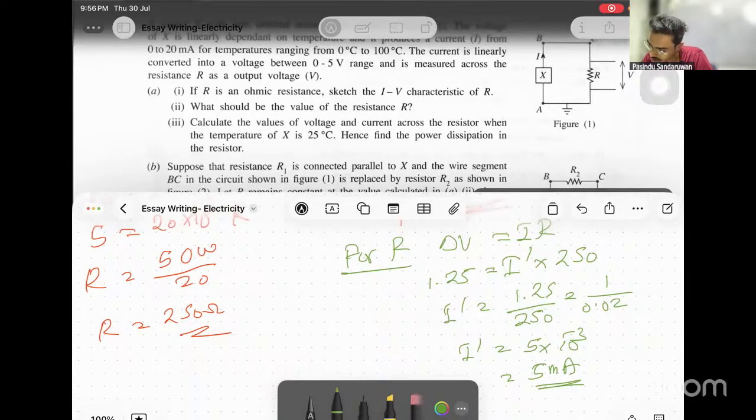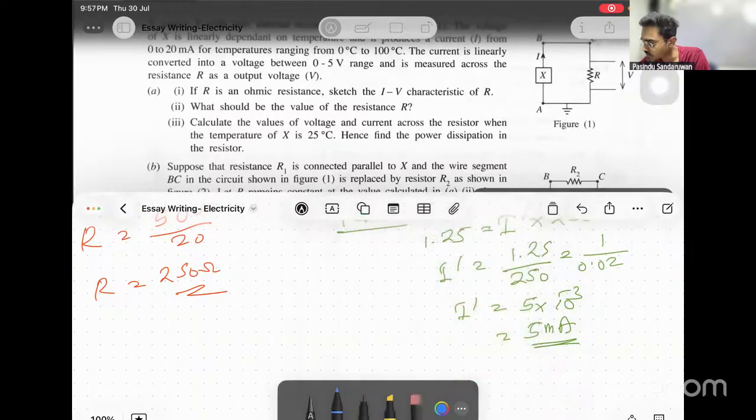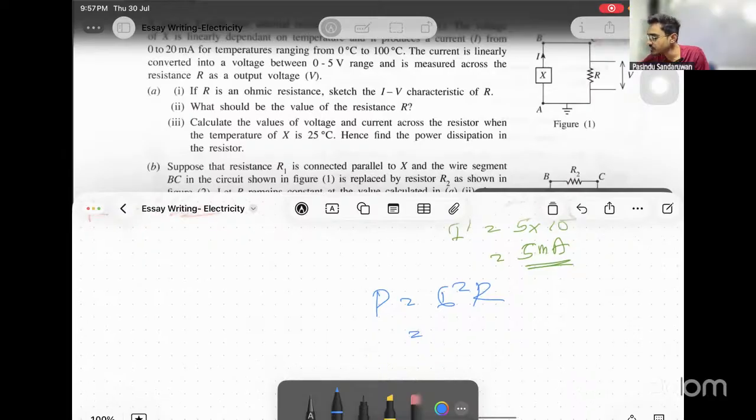Right? And hence find the power dissipation in the resistor. Okay. Right? Not over yet. Now the power dissipation. Power dissipation of the resistor is given by, if the current is known, I squared R. So I squared is 5 times 10 to the power minus 3, squared. R is 250.